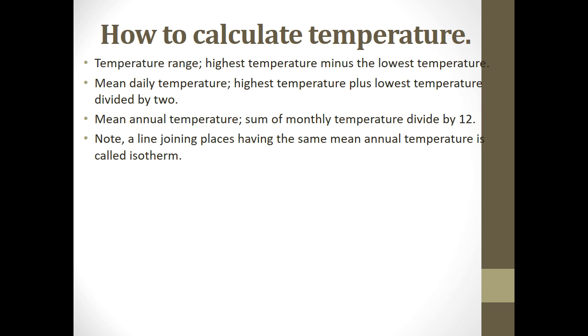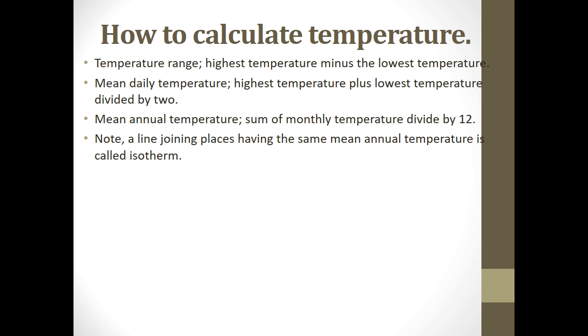Now, the first one we shall look at is temperature range. Now, how do we calculate temperature range? Temperature range is calculated by simply subtracting the lowest temperature reached in a day from the highest temperature reached in a day. Now, the difference becomes the temperature range.